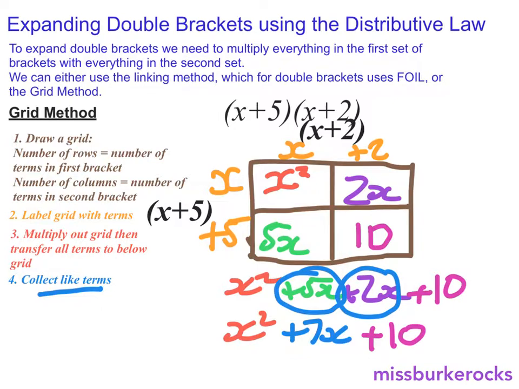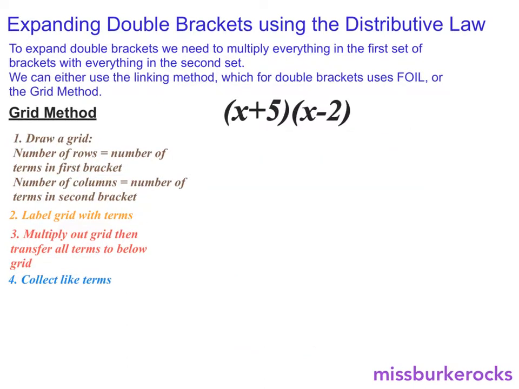We get the same answer as if we had multiplied them out using the link method. Some people find that one easier to use, some people find that harder. It's up to you which method you use. I'm going to do one more which just has some negatives in it for you. Okay, I'm going to use the grid method for this one. So again, I need to start with drawing my grid.